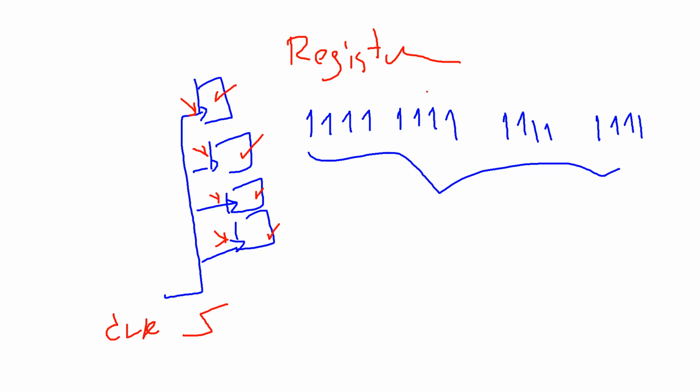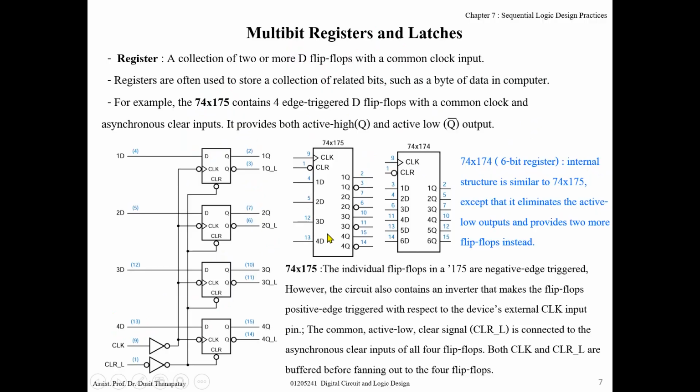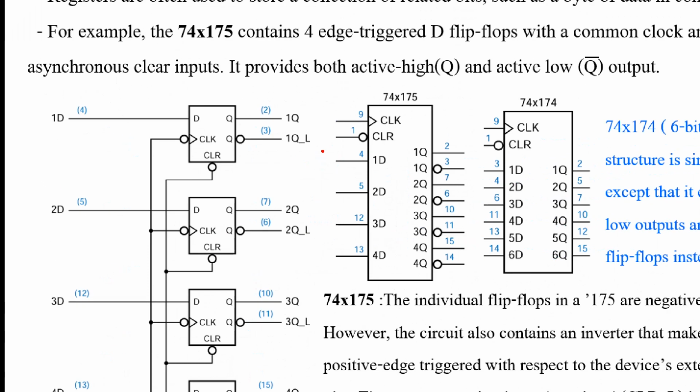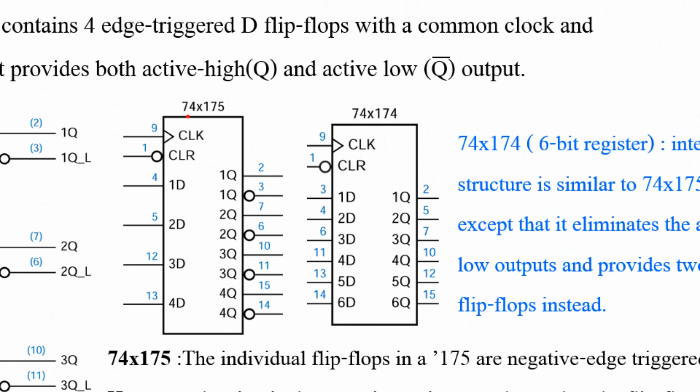It reads the data at the same time for multiple bit input. Example, this one is 74175. Inside there are 4 D flip-flops, and the output has both active high and active low output.